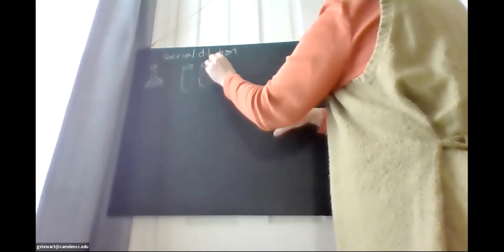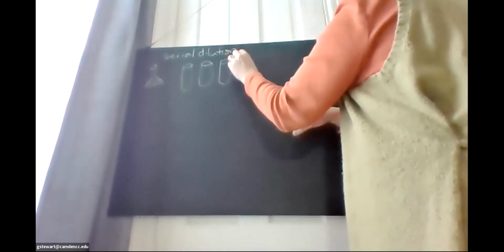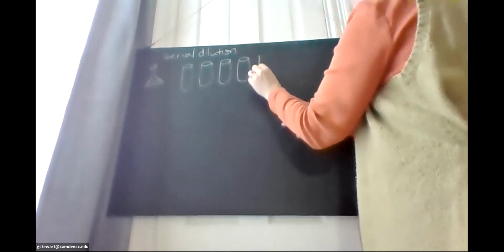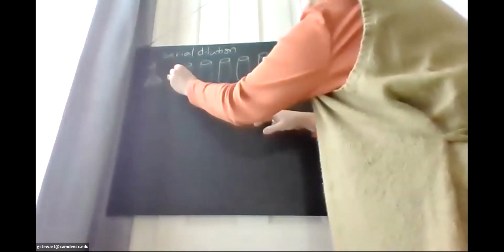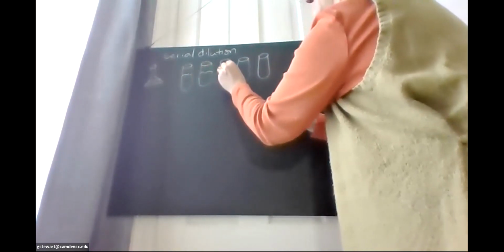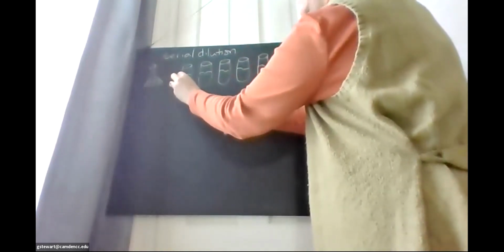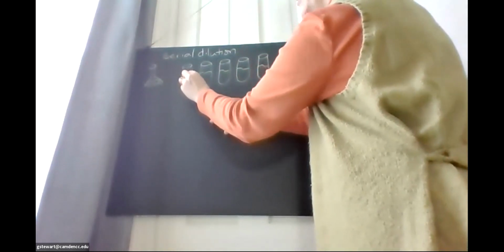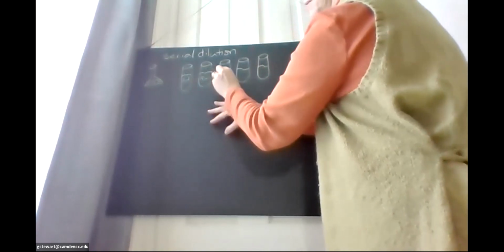Okay, so I'm going to collect my sample, and then I'm going to draw a few test tubes here. I'll draw 5. And into the test tubes, I'm going to have some liquid media, some broth. Let's say I have 9 mL of broth in each of these tubes. Okay.